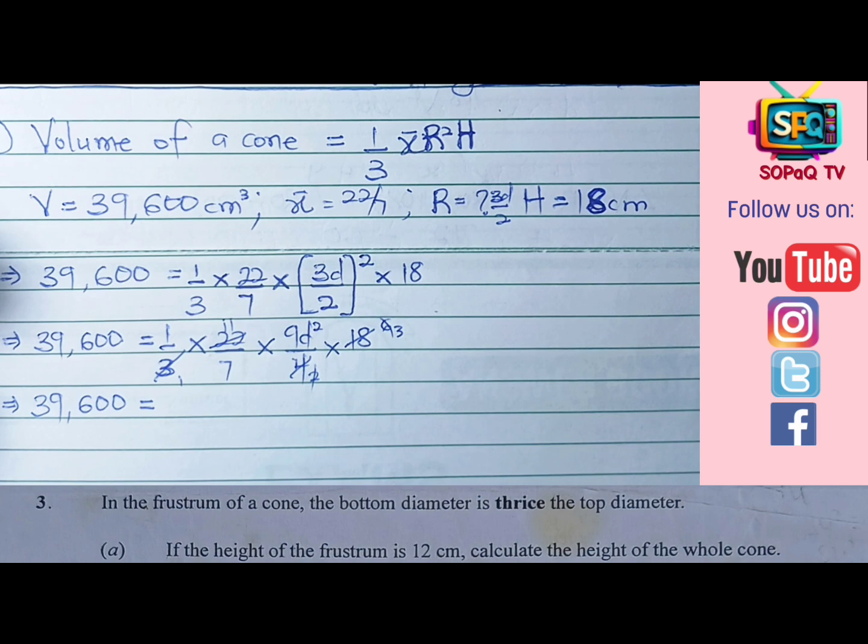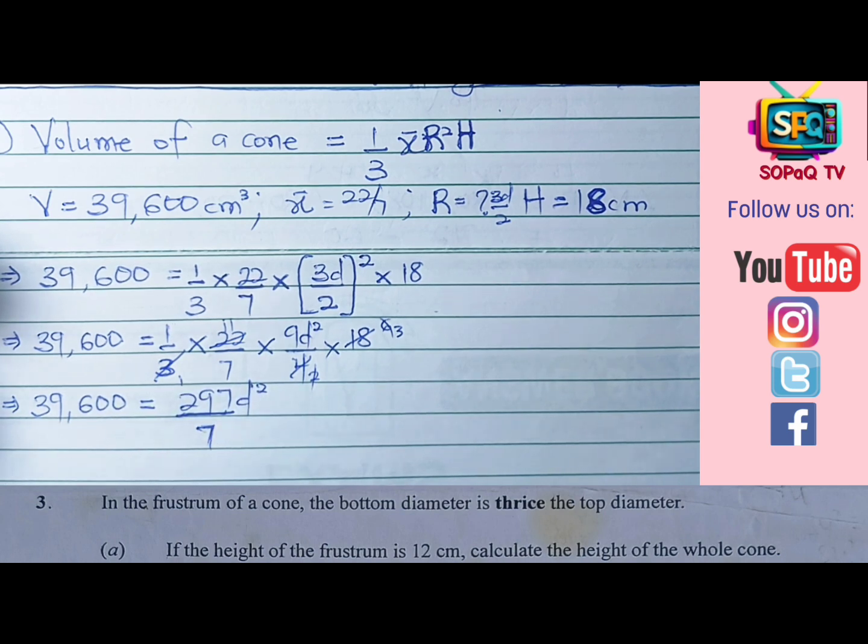With the help of the calculator, we are going to get 297. Then we bring our diameter squared. And the denominator will also be left with 7.